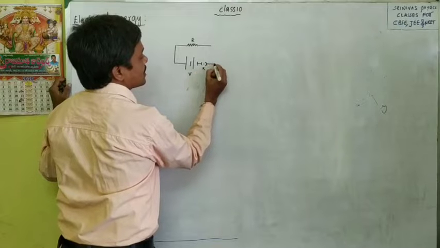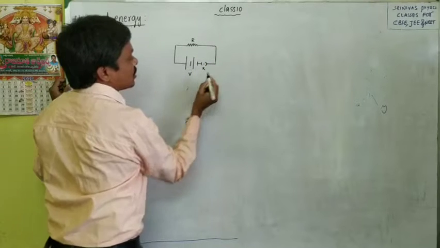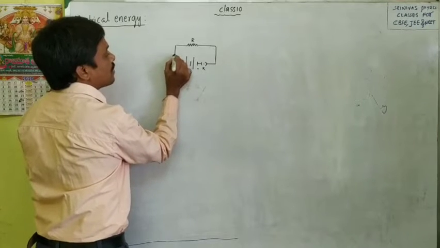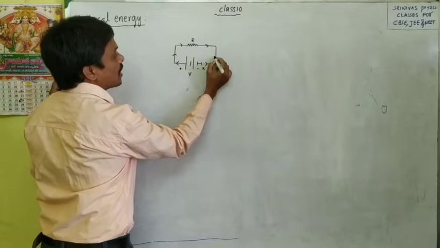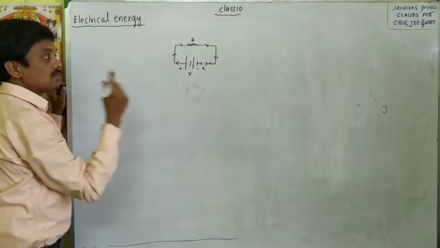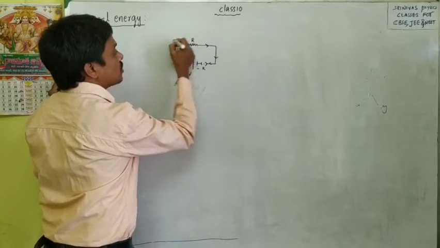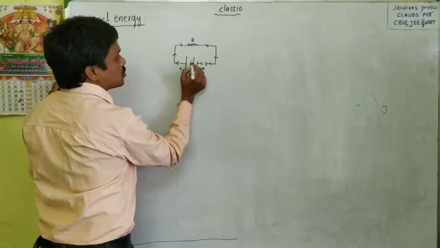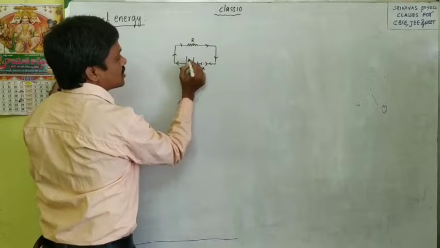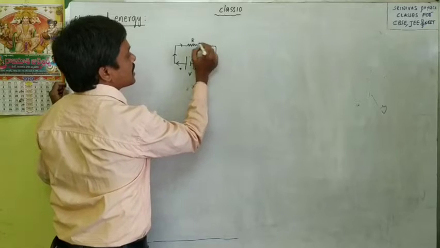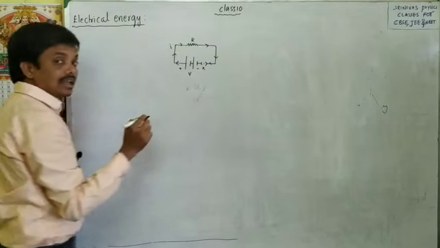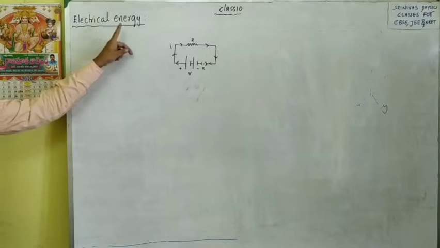Here you know already the current flows from the positive terminal of the battery to the negative terminal of the battery, but electrons flow from the negative terminal to the positive terminal. And when the battery is doing some work to pass the current through the resistor, then that work is equal to electrical energy.